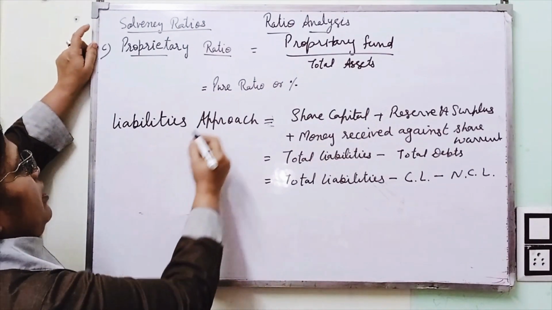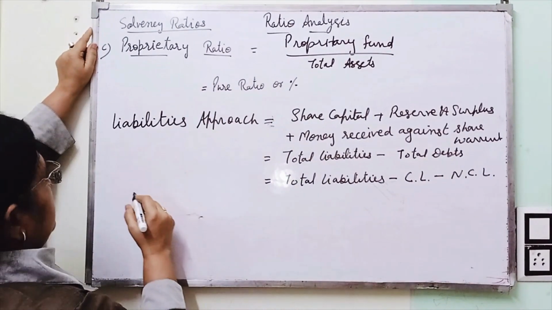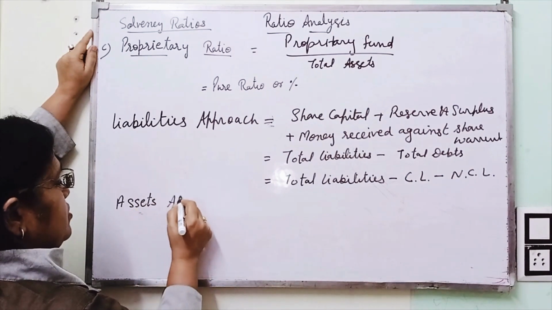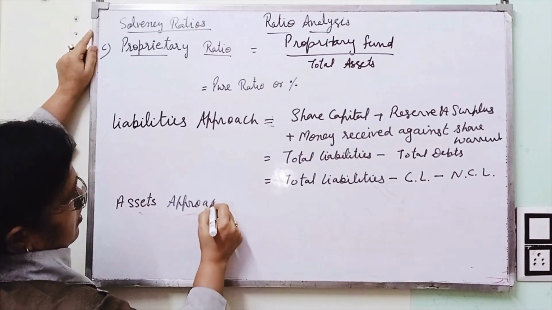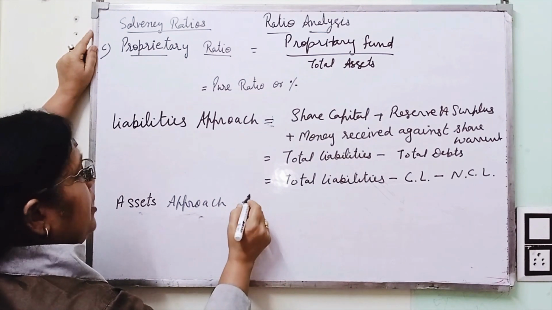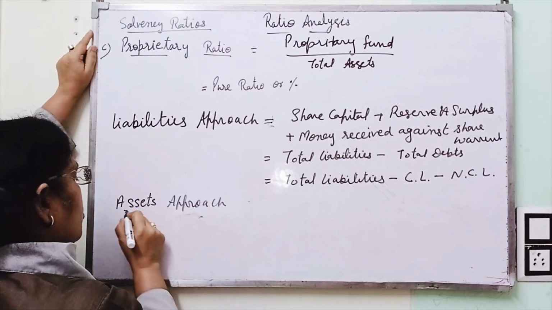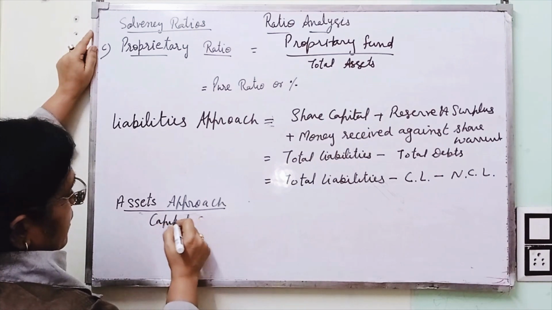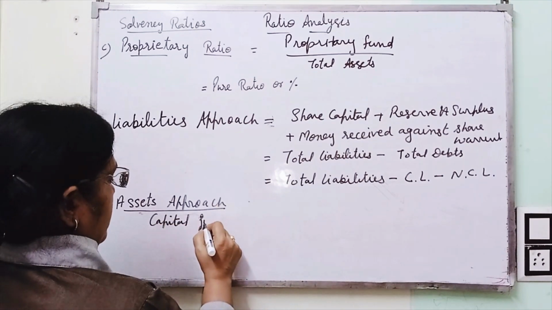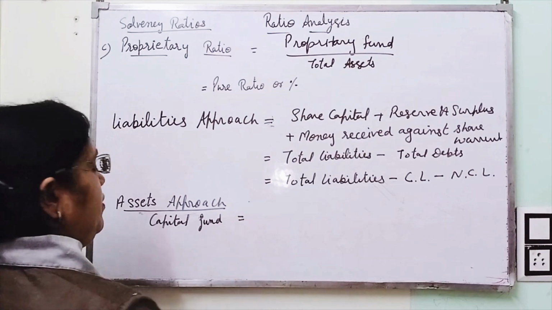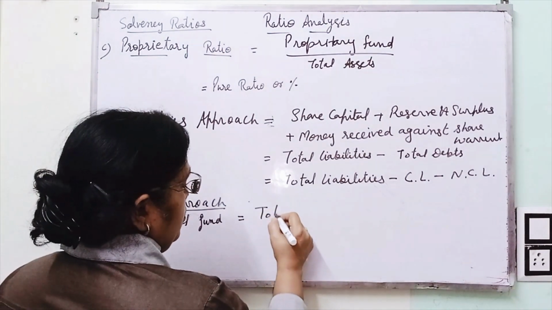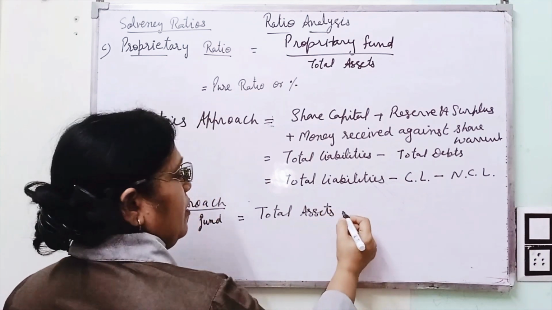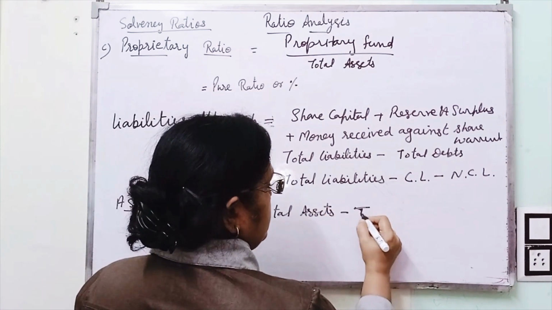In the same way, proprietary fund can be calculated with the help of the assets approach. According to the assets approach, capital fund is equal to total assets minus total debts.